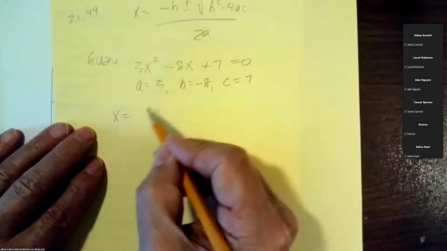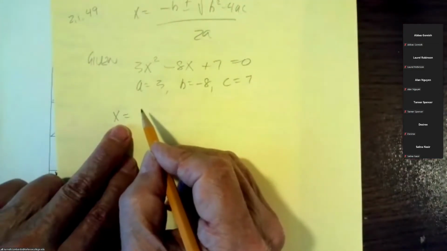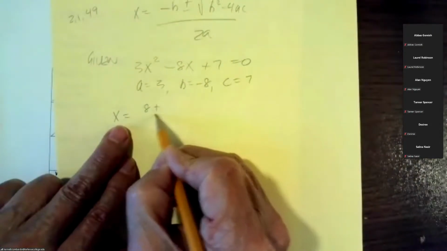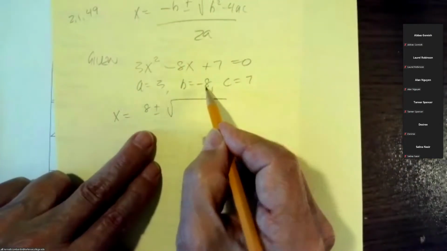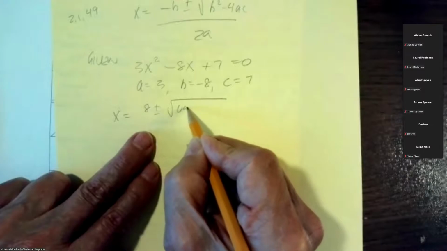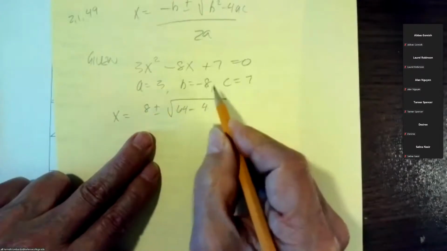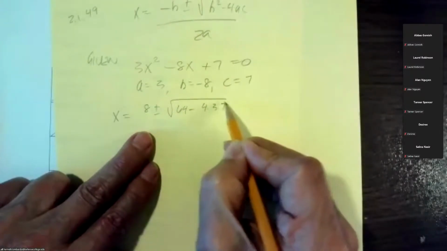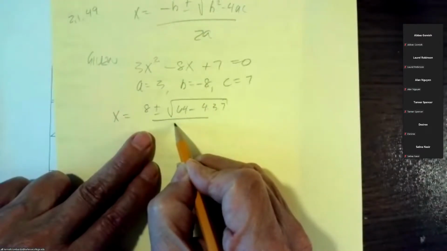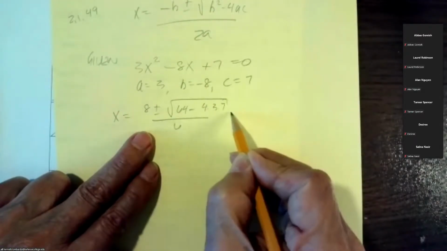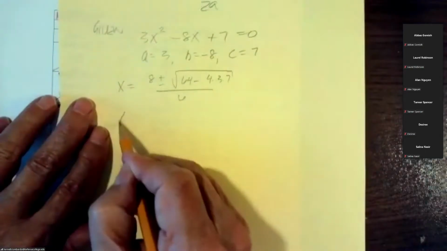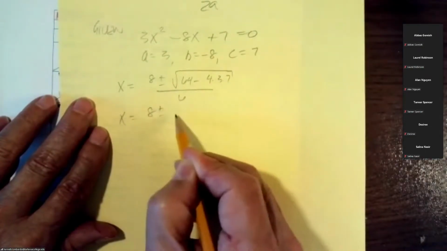So x equals minus b, which would be 8, plus or minus the root of b squared, which is 64, minus 4 times 3 times 7, all over 2 times 3, which is 6. So x equals 8 plus or minus the root of all this over 6.